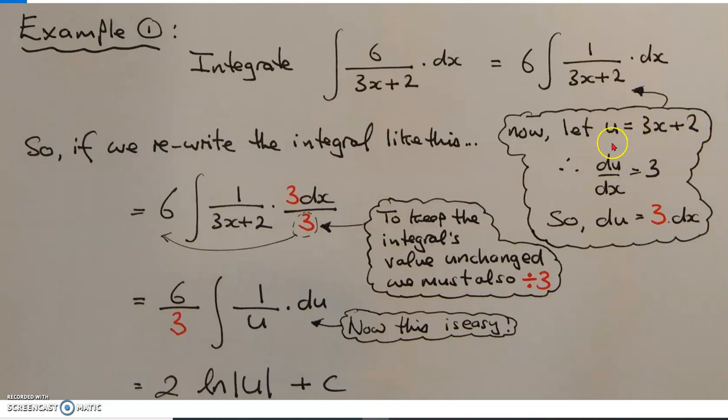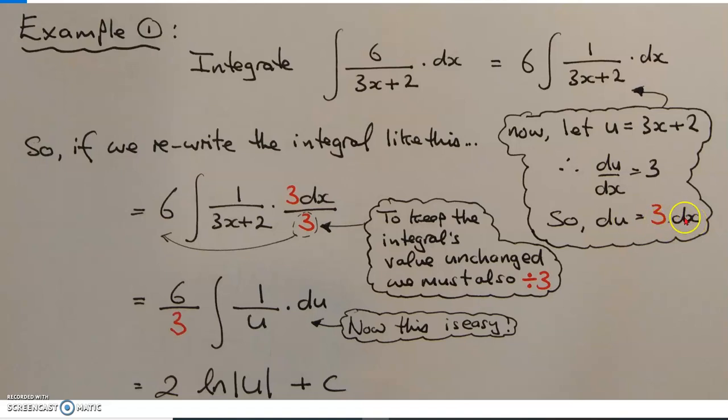Now, if you differentiate this, you're saying du by dx. Well, if you differentiate that, you get du by dx is 3. Now what you can do is cross multiply this dx up there with the 3, so that you've got a connection now between du, this variable u, and dx.